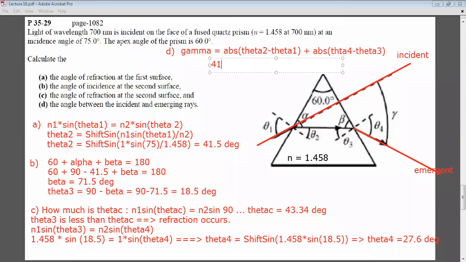Theta 2 is 41.5 minus 75, but this should be in absolute value, plus the absolute value of theta 4, which is 27.6, minus theta 3, which is 18.5. And this will give 42.6.